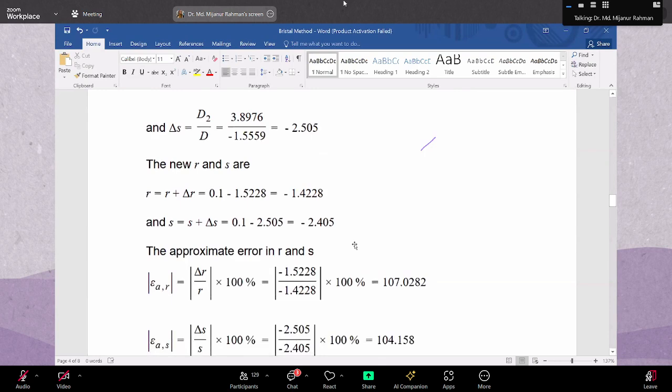But our initial value was only 0.1, and the new value became minus 1.4228.